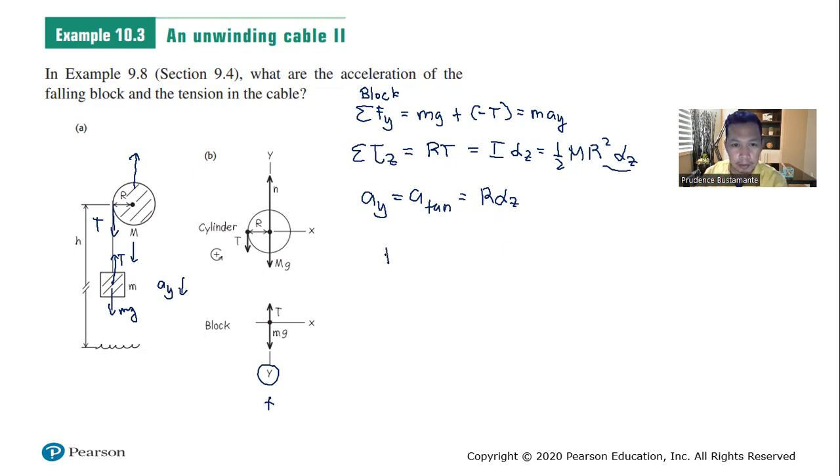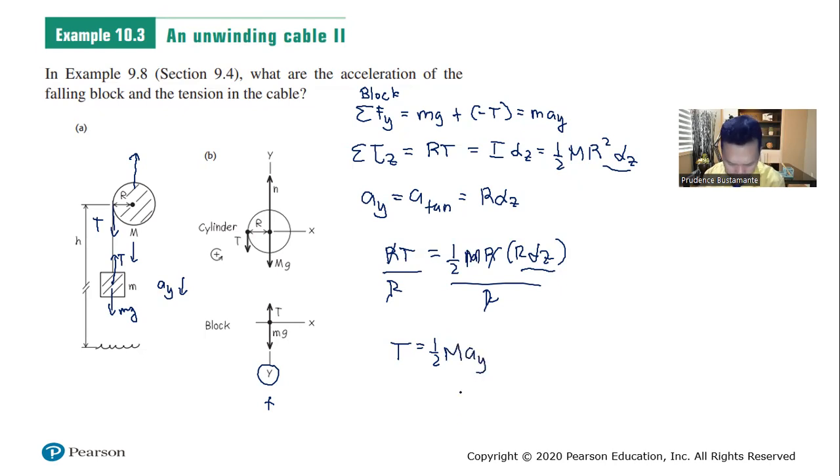Since RT is equal to 1/2 M R times R alpha z, and this is a_y, we divide both sides by R, and R will cancel out. So our tension is equal to 1/2 times M, a big letter M, times a_y.